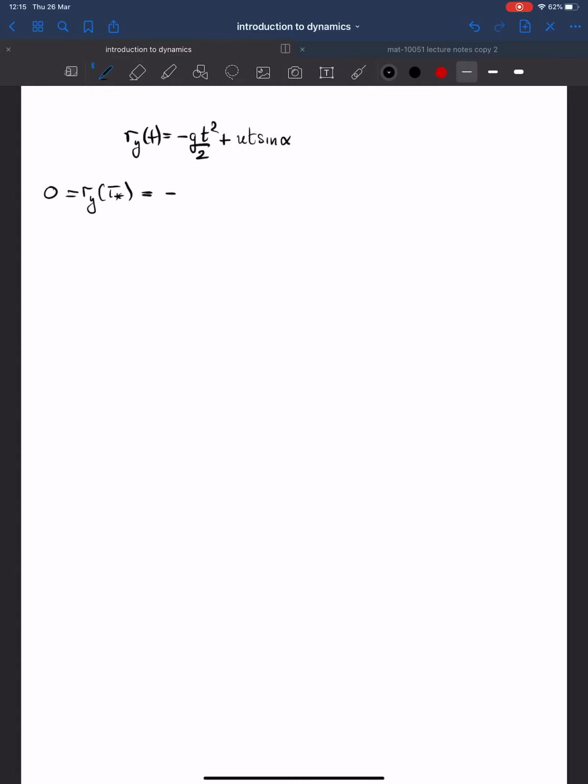And this gives us minus g over 2 t star squared plus u t star sine alpha. So effectively what we have is the equation here. 0 equals minus g over 2.